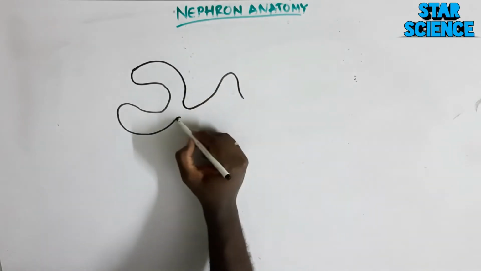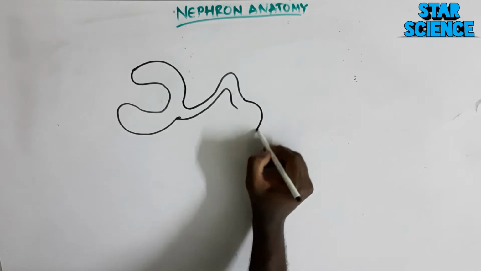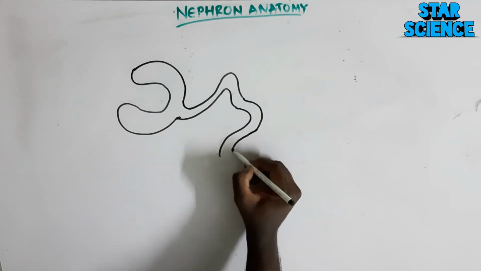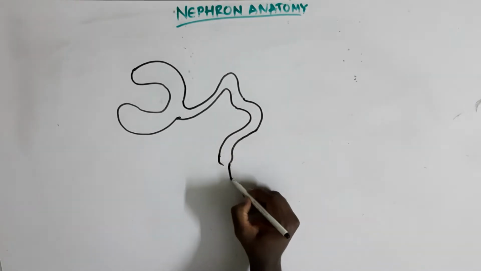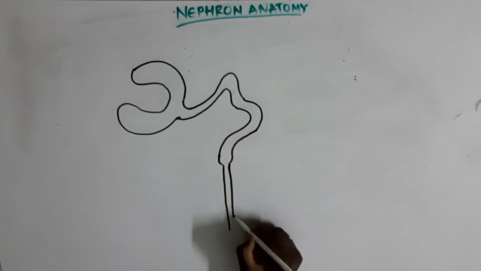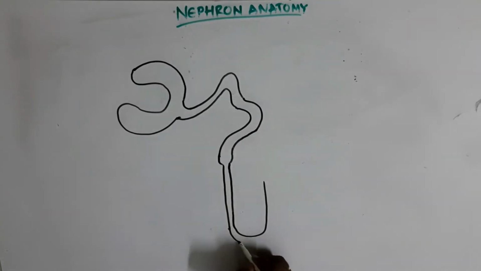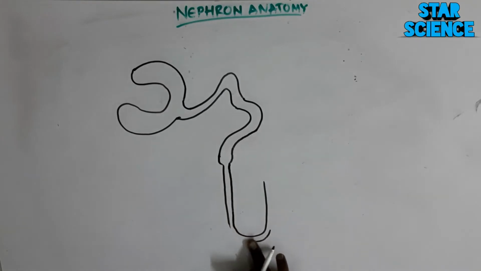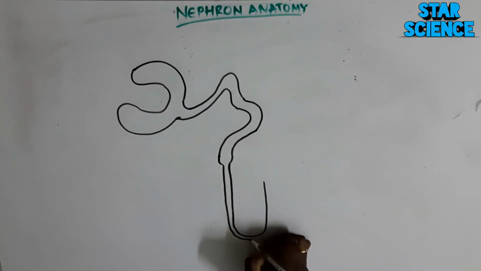It is the Bowman's capsule, followed by the proximal convoluted tubule, followed by the descending loop of Henle, and then it turns into the ascending loop of Henle, and then the distal convoluted tubule.